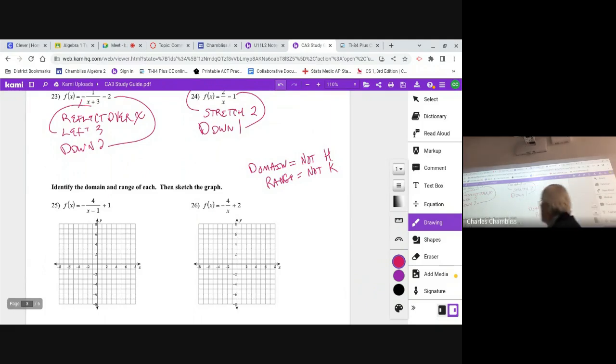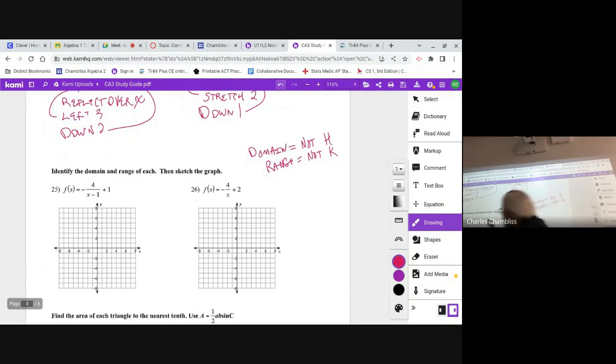So here in number 25, my domain is all the reals except one. And the range is the reals except one.